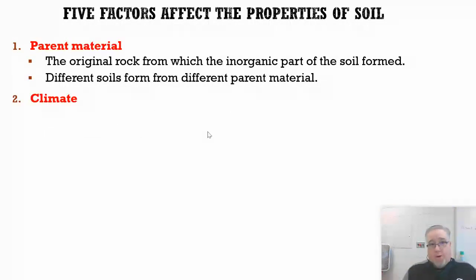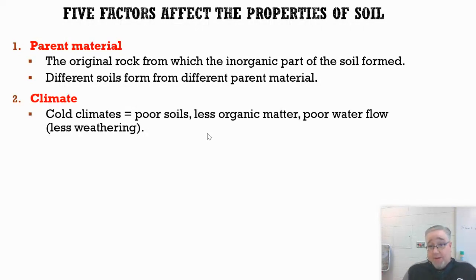Another thing that affects soil is climate. Whether it's a cold climate or a warm climate, whether there's a lot of precipitation or not. Colder climates tend to have poor soils. The reason why they're poor is because there's not a lot of organic matter in a cold climate.